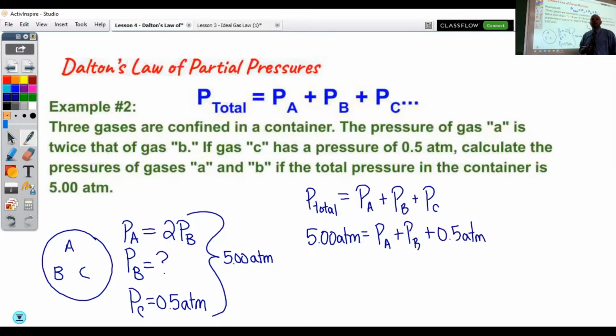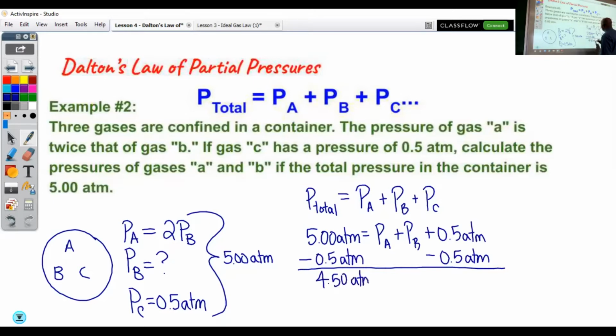So just like you would do in math class, we're going to subtract C from both sides to essentially move it to the left side. So at this point, we now have two variables left, and we now know that the sum of just those two is going to equal 4.5 atm.